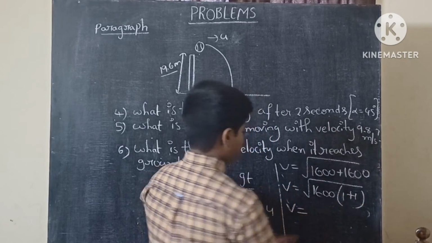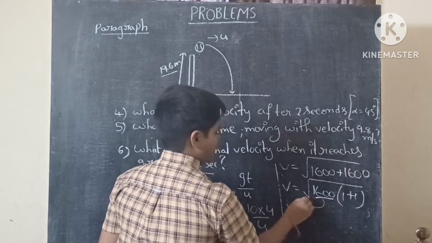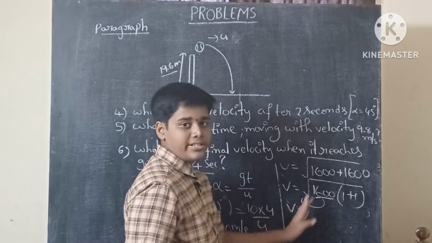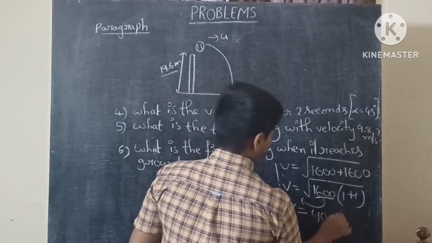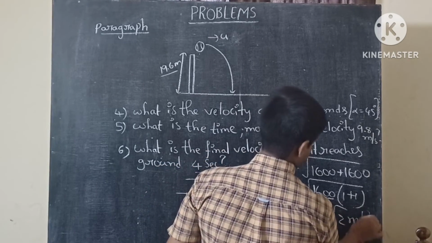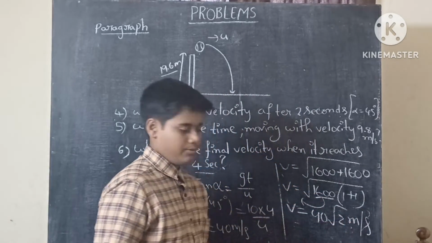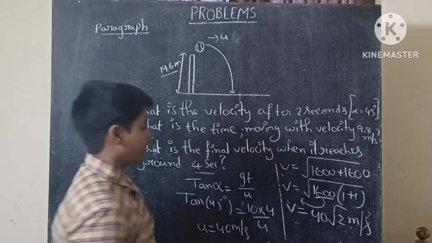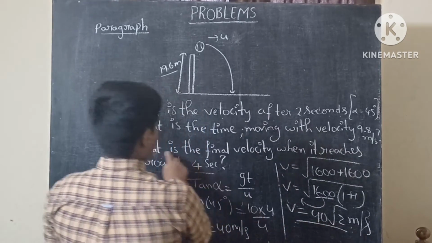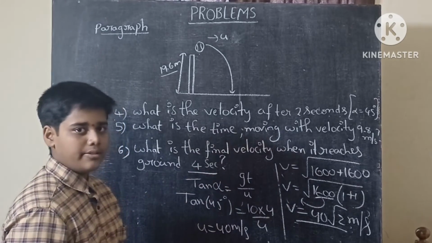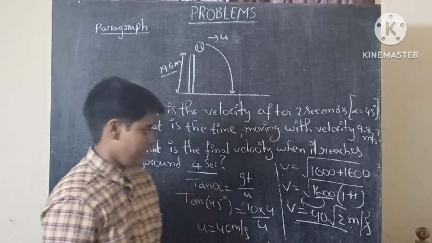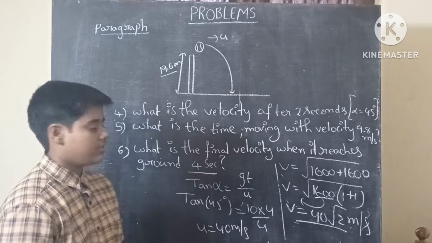Taking this outside, root 1600 means 40, because it is 40 square. So 40 root 2 meter per second, because 1 plus 1 is 2, root 2. Okay, so this is the final velocity when it reaches the ground at 4 seconds. Okay, so this is the sixth question.